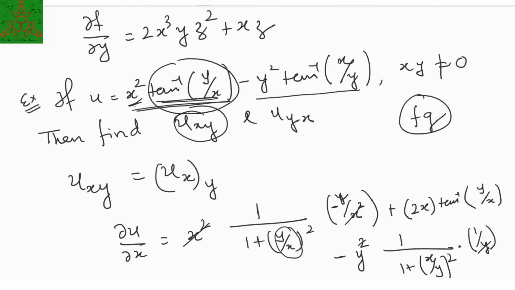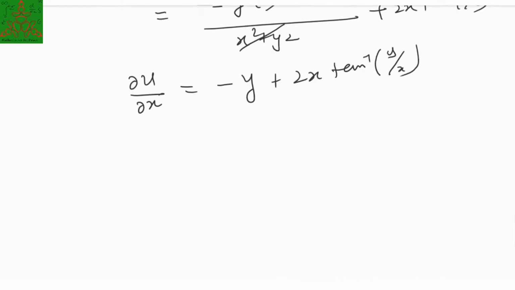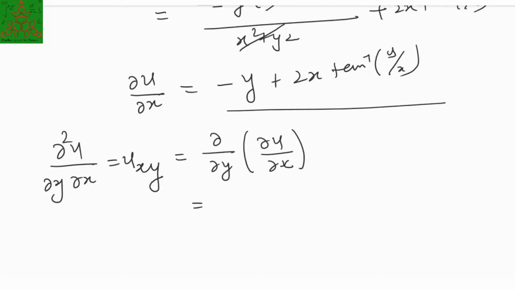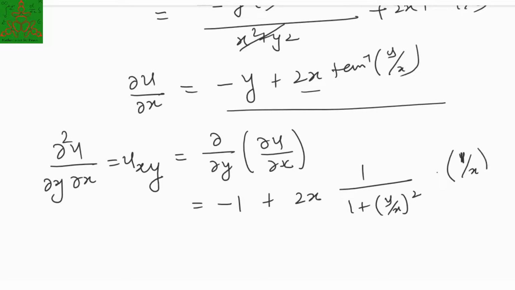Now we need to differentiate this del u by del x with respect to y, because you have to calculate u xy. So I am differentiating, that is del square u by del y del x, that is nothing but the u xy. If you differentiate this with respect to y, you will have minus 1 plus 2x as it is, because it is a constant. Derivative of tan inverse of y by x is 1 upon 1 plus y by x whole square into 1 upon x.